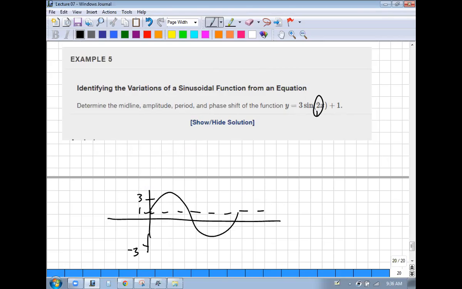And this 2x says it's going to get compressed by a factor of 2. So instead of this being 2 pi here, it's just going to be pi. So it gets a full period in half the amount. The period is 2 pi divided by that number, so it's pi.